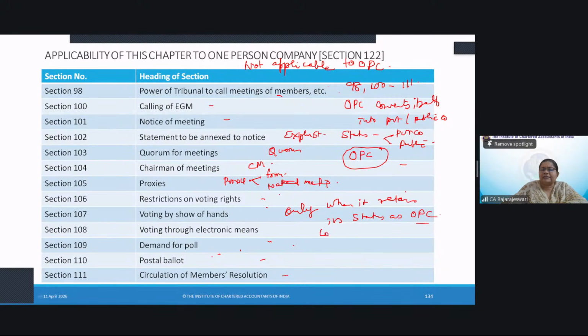When it loses its status, then automatically the provisions will become applicable. That is the concept.